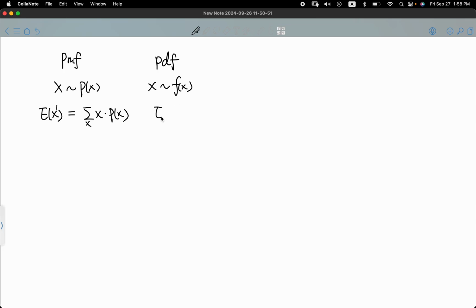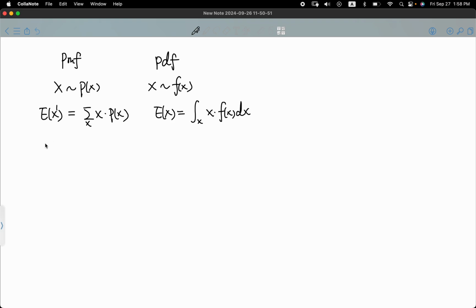And then similarly for the continuous case, we have the expected value expressed as the integral of x multiplied by the density function dx.